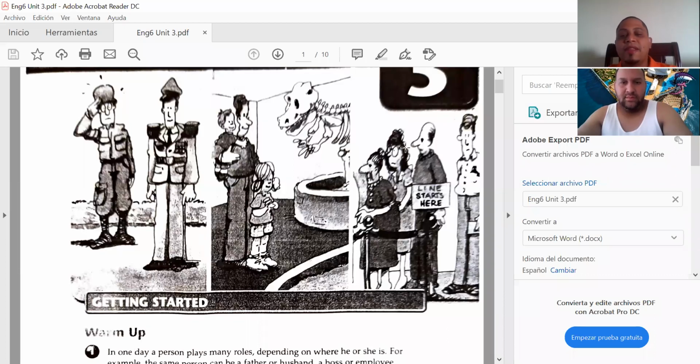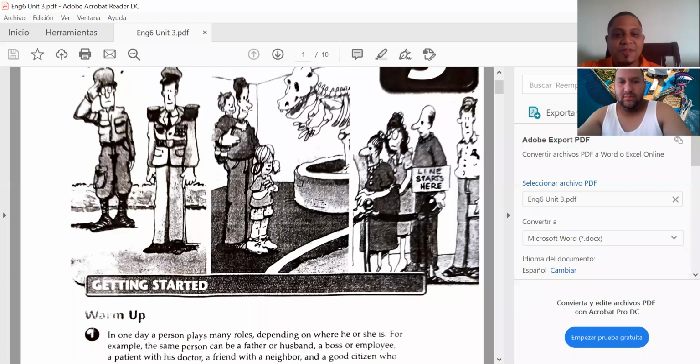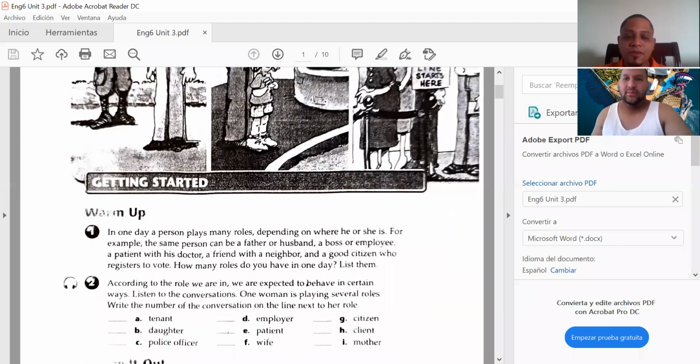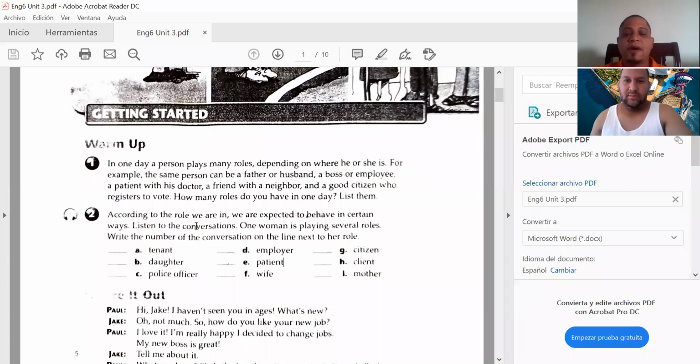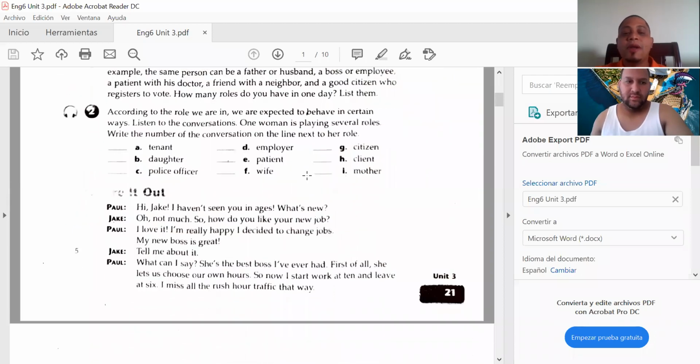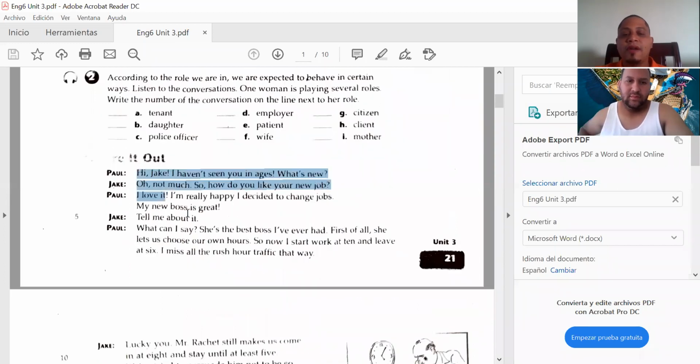And that's what the word role means, right? I told you I'm not going to tell you. So this is only for you to have an idea of what a role is, okay? So don't pay attention to the warm up. If you want to practice your reading, you can go here and read the conversation.